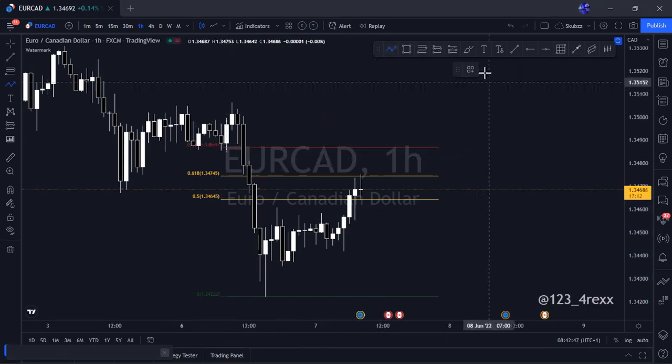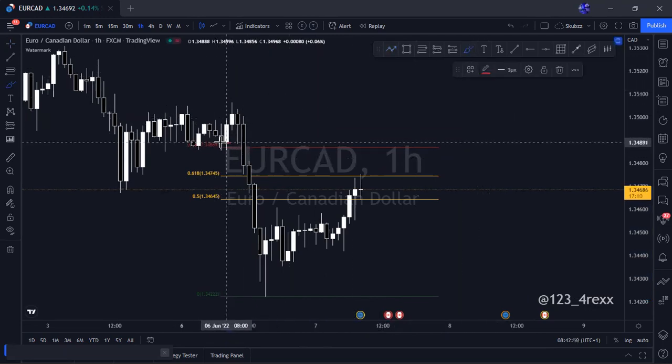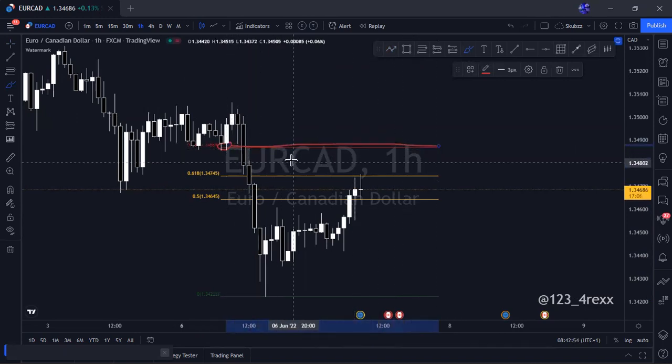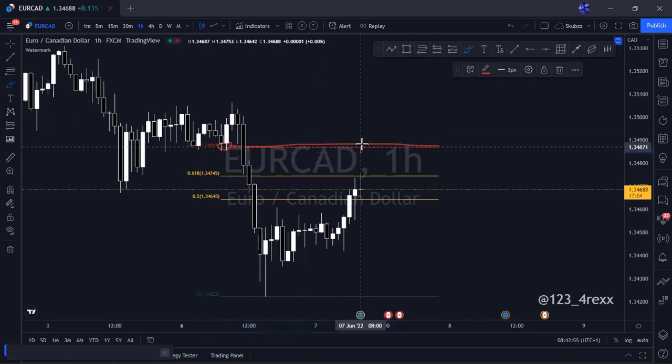This area here is exactly at the 0.7. If price comes extreme down to the 0.7 and doesn't close above the 0.7, and I see a weak, bearish rejection candle here, something like this, I'd actually take the sell.